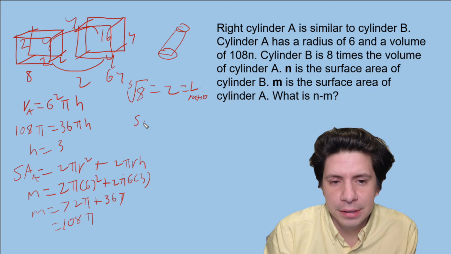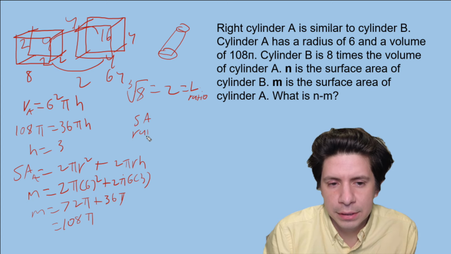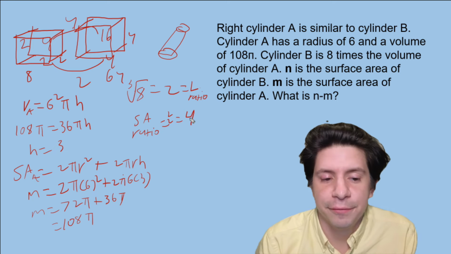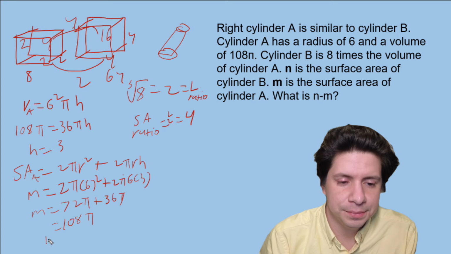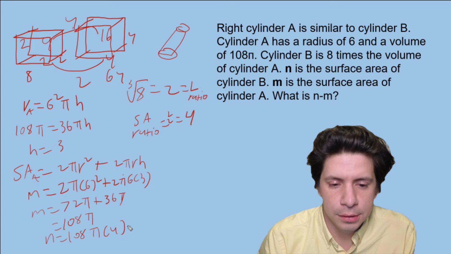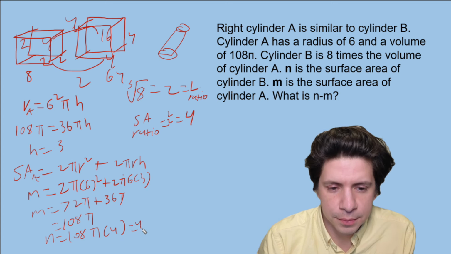So surface area ratio equals 2 squared. That equals 4. So it's going to be 4 times as big. So n equals 108 pi times 4, which equals 432 pi.